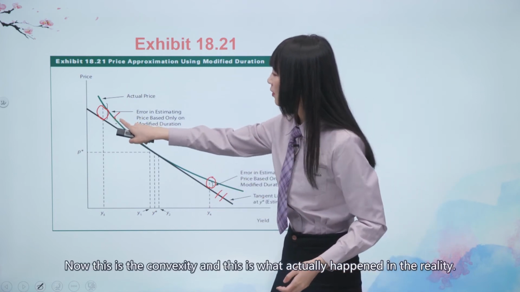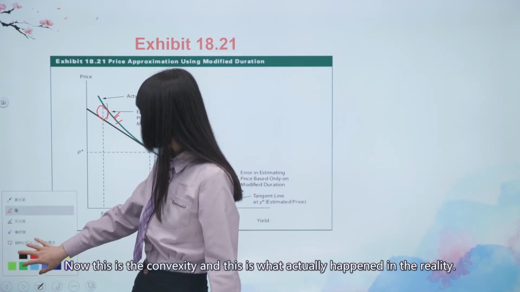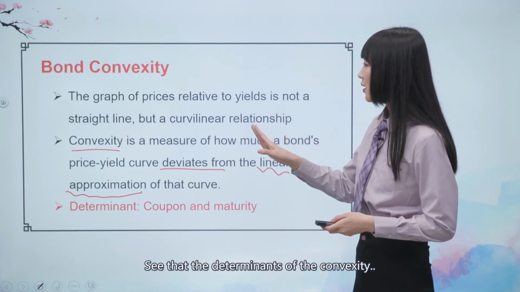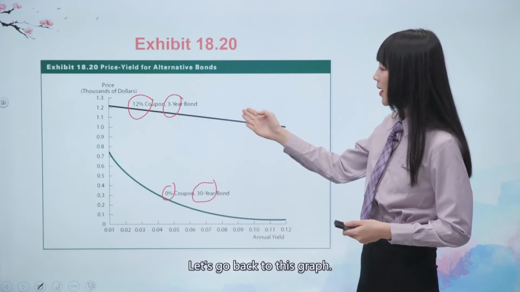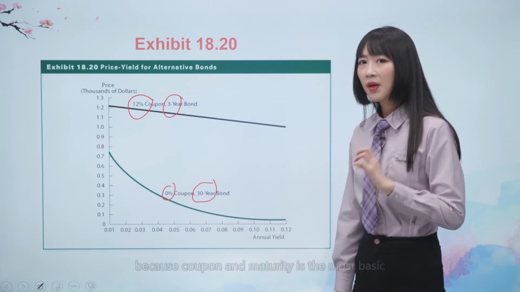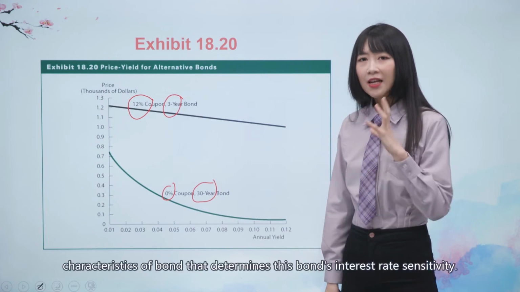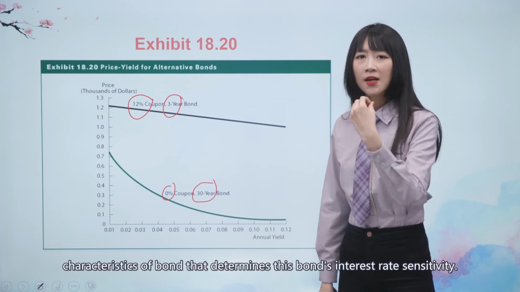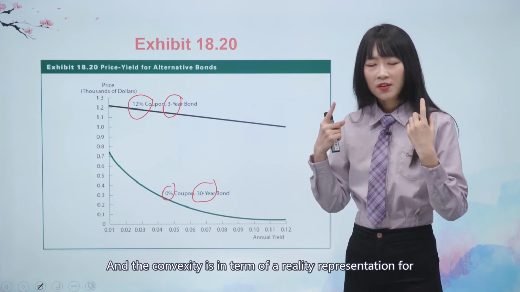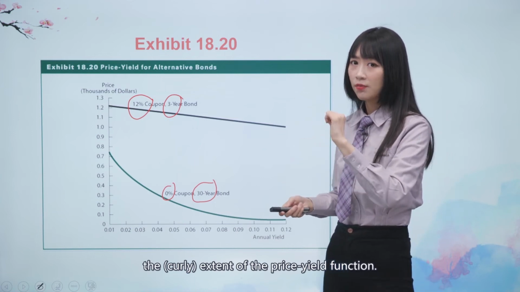This is the convexity, and this is what actually happens in reality. Let's go back to this graph: the determinants of the convexity are related to coupon and maturity, because coupon and maturity are the most basic characteristics of a bond that determine its interest rate sensitivity. And the convexity is in turn a representation of reality for the shape of the price-yield function.